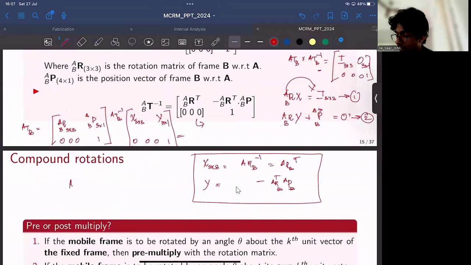That makes the inverse of the transformation matrix the rotation ARB transpose, minus ARB transpose APB, and the final row being 0, 0, 0, 1.